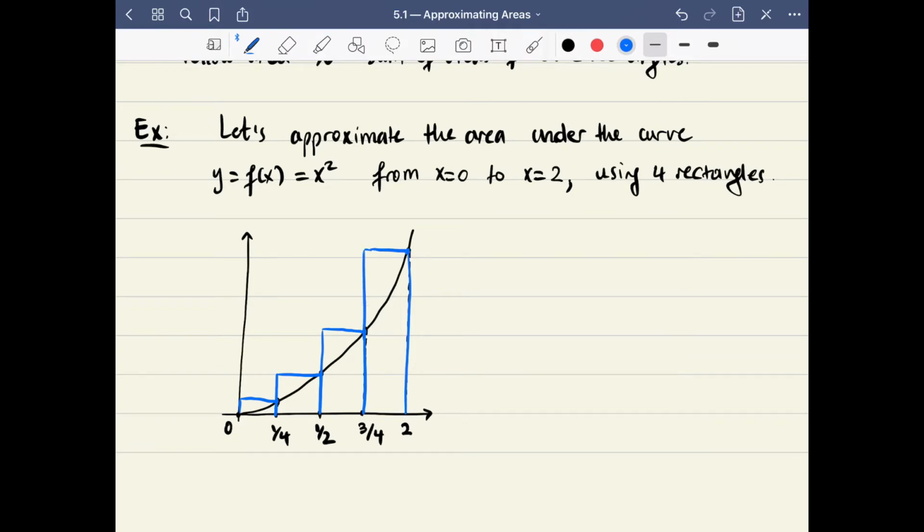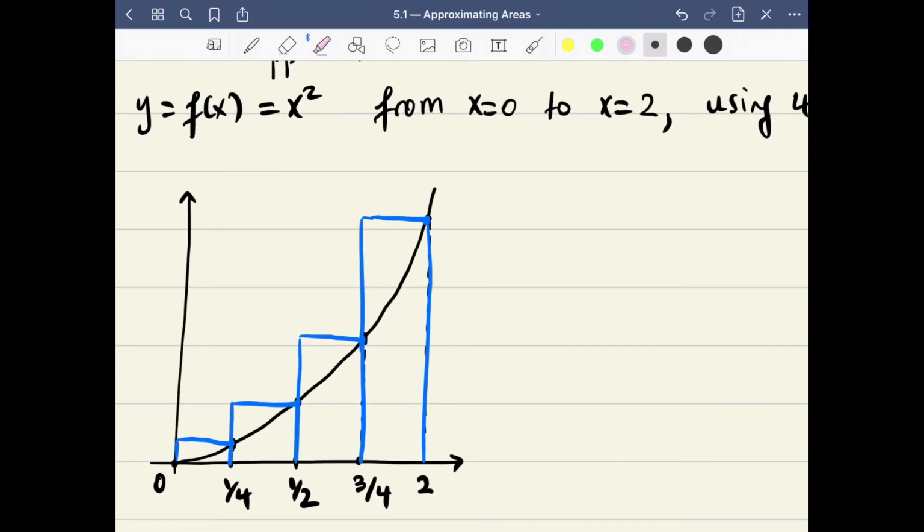Okay, so now what I'll do is I'll find the area of these blue rectangles. So let me highlight them in pink.